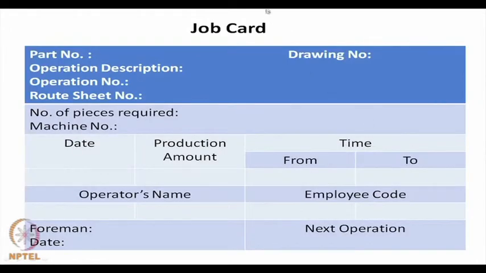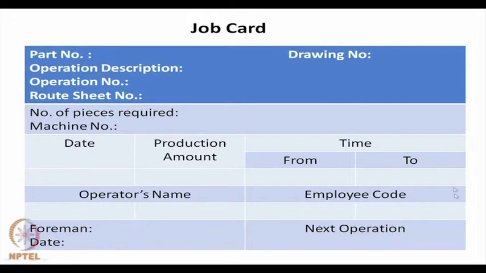We give an example of a job card. In a job card, the operator, the operation sequence or operation description is given, part number, drawing number, operation number, corresponding route number, and then number of pieces required, which machine it will be worked on, from what time to what time, the operator's name, his code, foreman's name and the date, and what is the next operation.